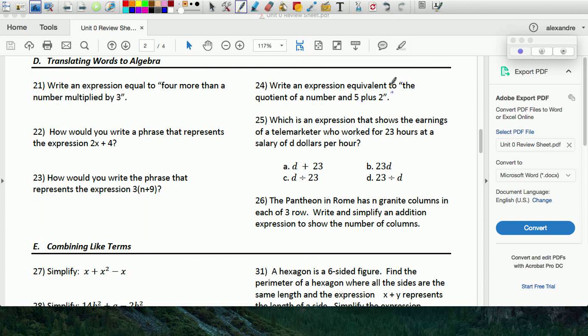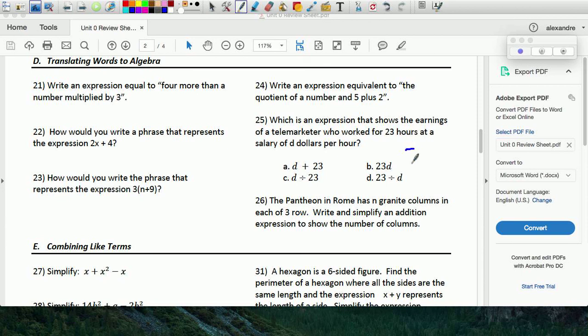Next one. Which is an expression that shows the earnings of 23 hours at a salary of $D per hour. So he worked 23 hours, and you want to find out how much you make. So let's assume you work for 23 hours and you want to know how much you made for that week.